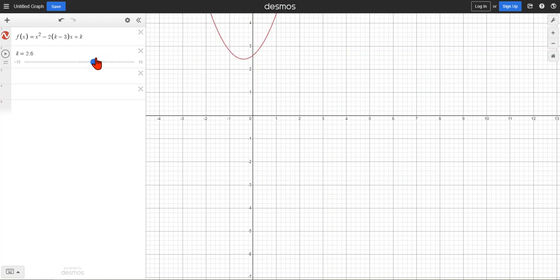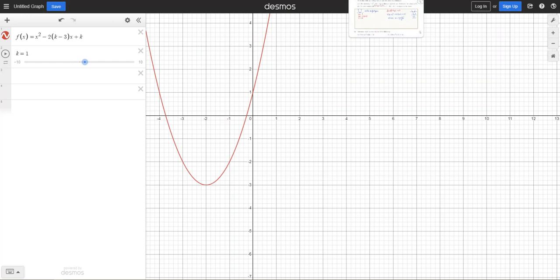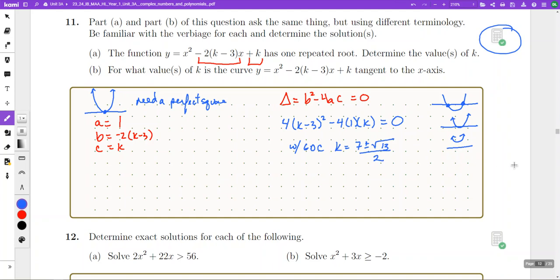From this, it does not seem to have any value of k where I have positive solutions and negative solutions. So one of the nice things about the IB is it gets you to play around with those ideas, right? So k value is that.